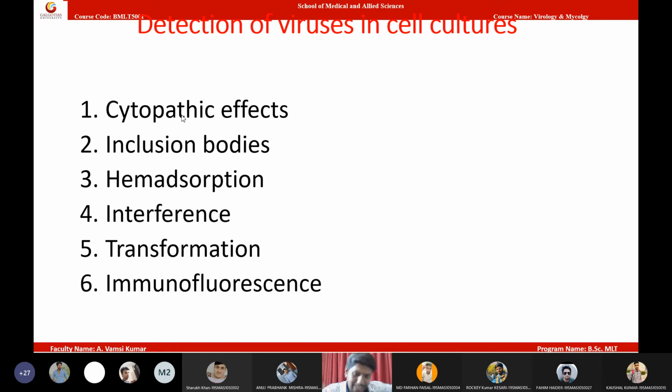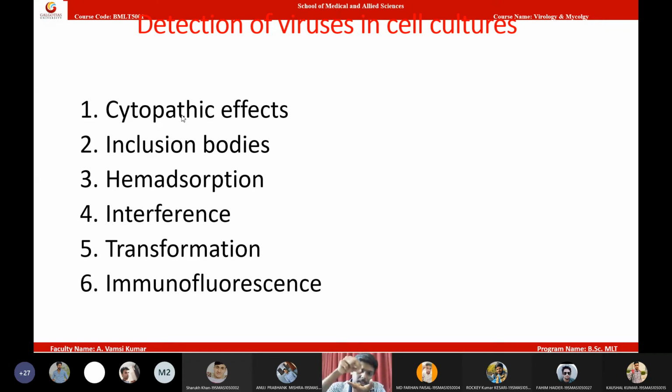In this condition, let me give you an example of influenza virus. Influenza virus has a specific attraction towards the red blood cells. It will cause hemagglutination. After inoculating the virus in the tissue media, if you see the tissue is normal and you don't see any inclusion bodies, then just add a drop of blood to it.